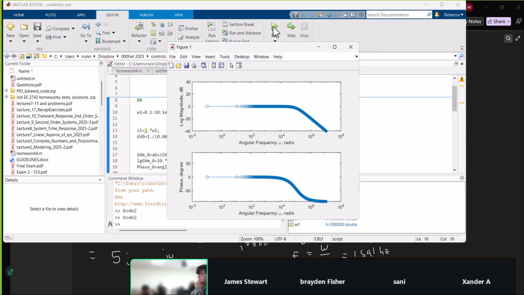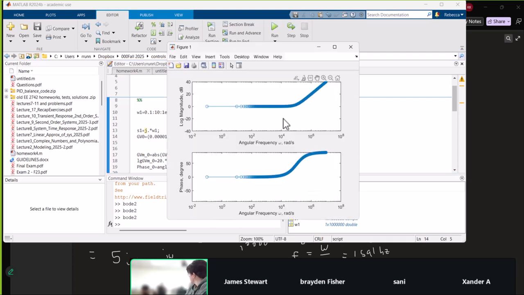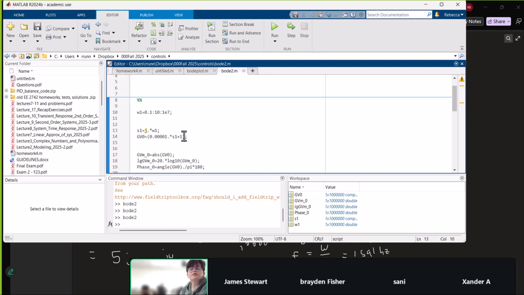Just to see if we really learned stuff last night, which it sounds like we did, if we changed this to have no denominator, so we just had a zero and no denominator, it should just go up. Now look at what happens if I square it, if I can remember how to do that in MATLAB.